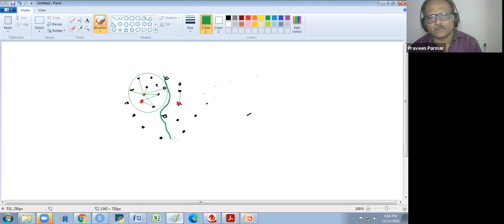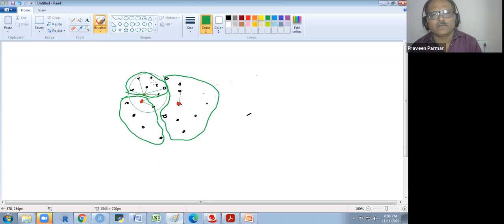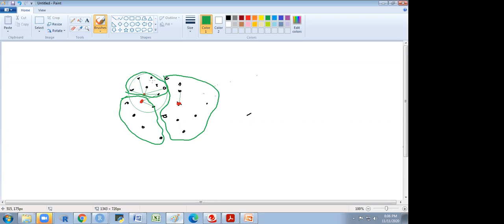Third one is like this. This circle is not useful, we don't have to consider it. Now I will find the mean of this.